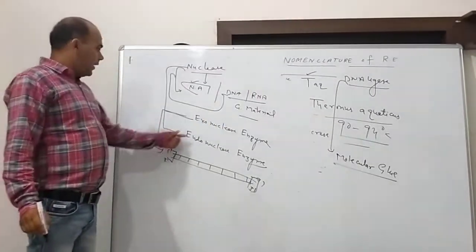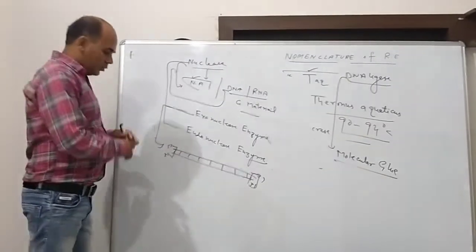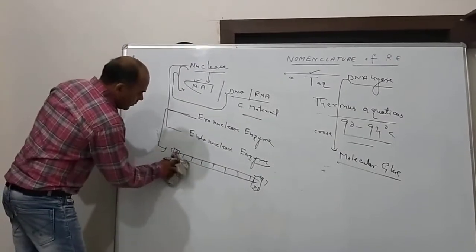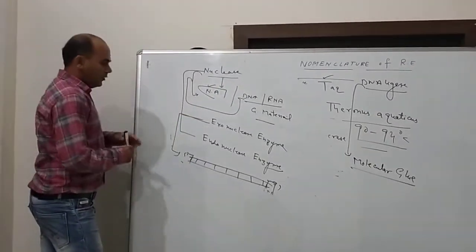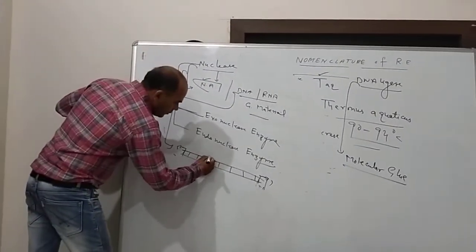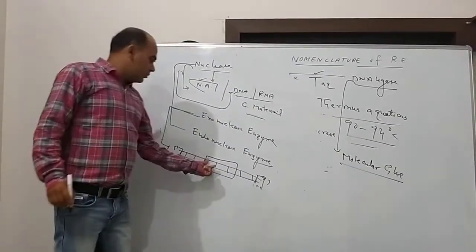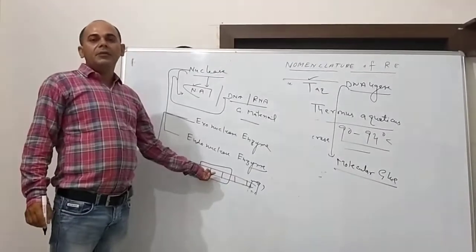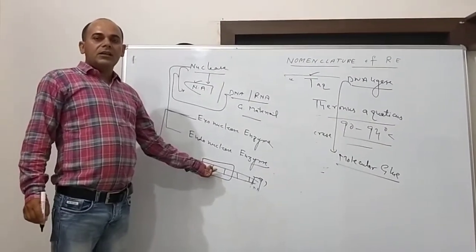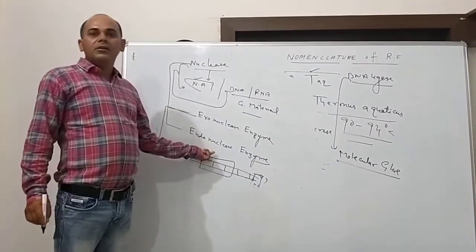Opposite to this term, endo means inside. Those enzymes cut the DNA from inside. Suppose this is the inner portion of DNA. At a particular sequence, they can identify that sequence and start to make the cut there.